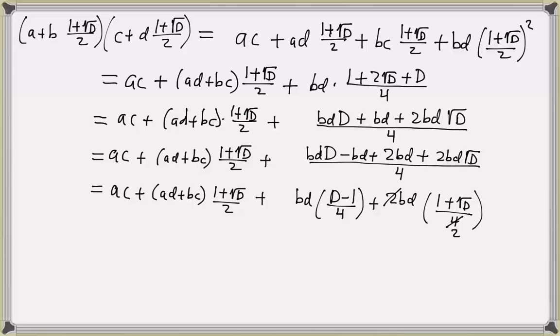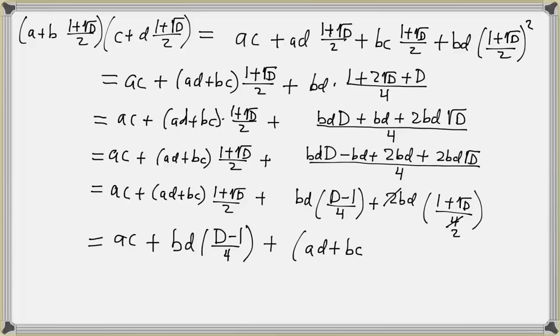So then I can rearrange this as AC plus the other constant term with respect to (1 plus square root of D)/2, which would be BD times (capital D minus 1) all over 4, plus, now if I combine the three terms that have (1 plus square root of D)/2 in it, I get the quantity AD plus BC plus BD times (1 plus square root of D)/2.